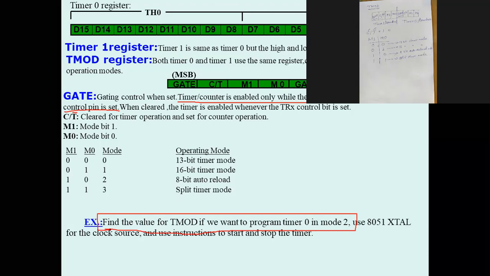What 8-bit? I want the answer: the content of this particular TMOD register, because the TMOD register is not bit addressable. We cannot set or reset a particular bit.